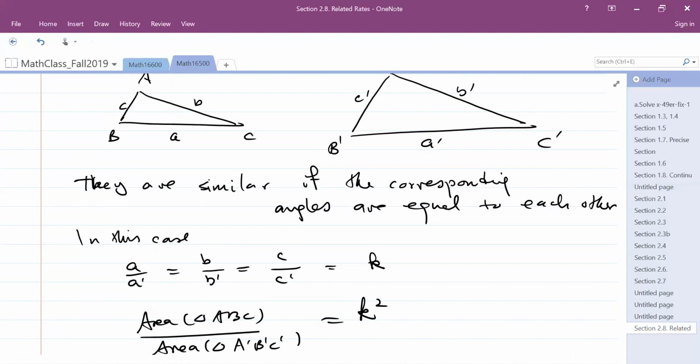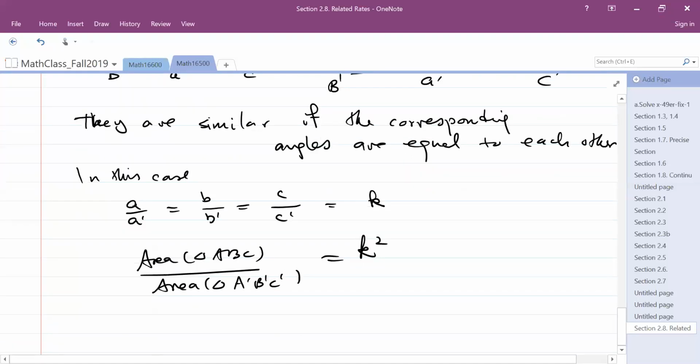Okay, so that's the geometry we learned before. I hope we still remember that.